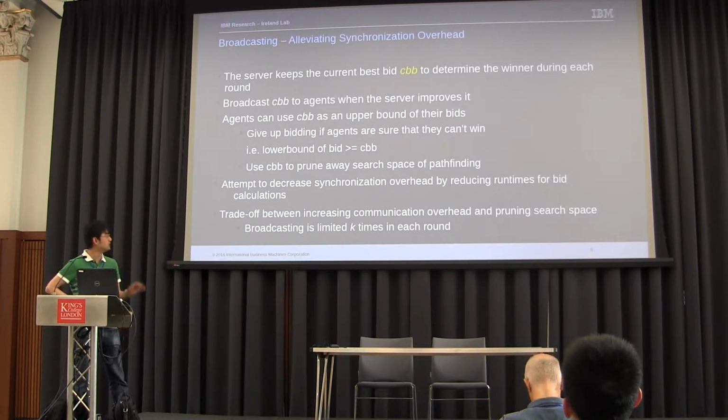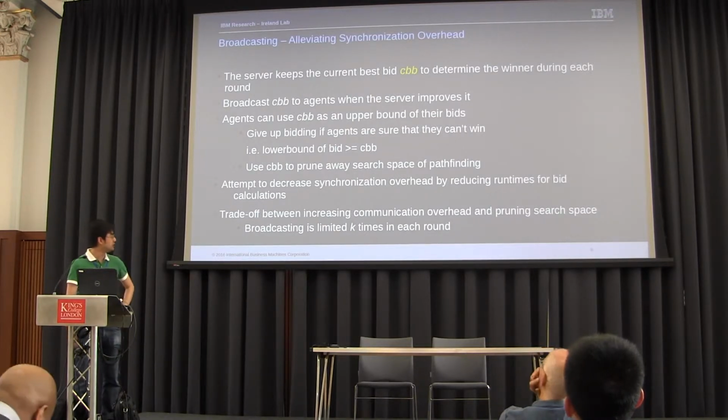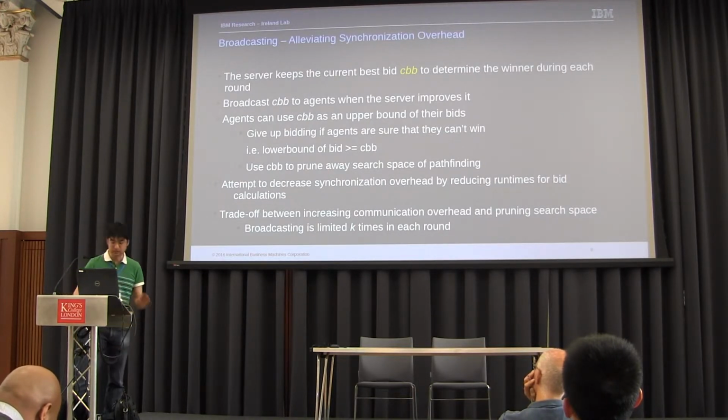So there is a trade-off between the communication overhead between the server and the agents and the portion of the search space saved by using this. Currently, broadcasting has a parameter called K, which limits the number of times the server broadcasts the winner and the current best bid information to the agents.